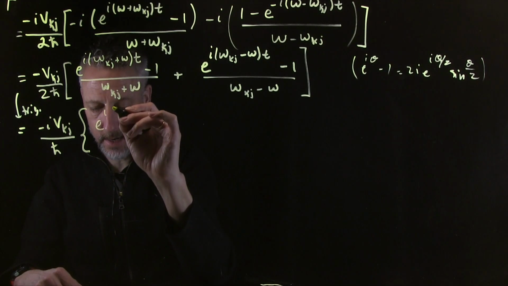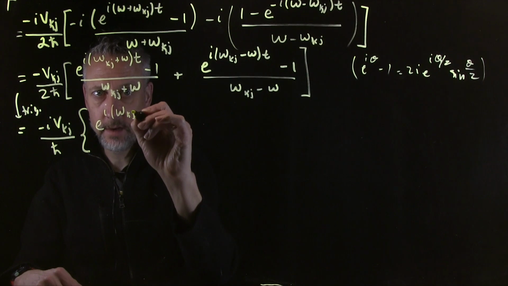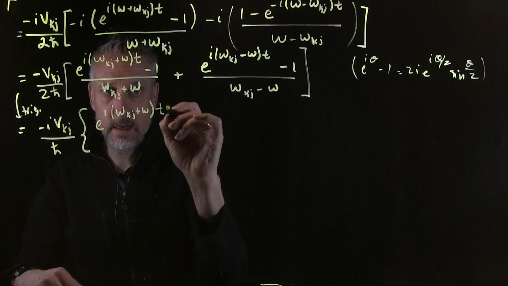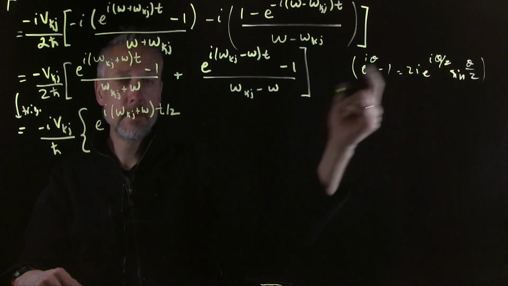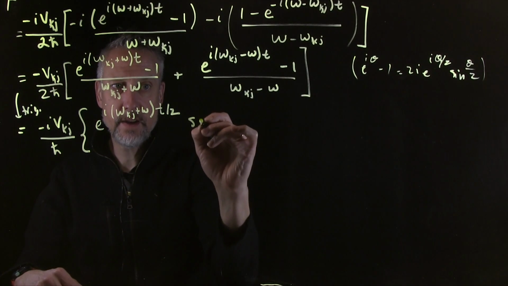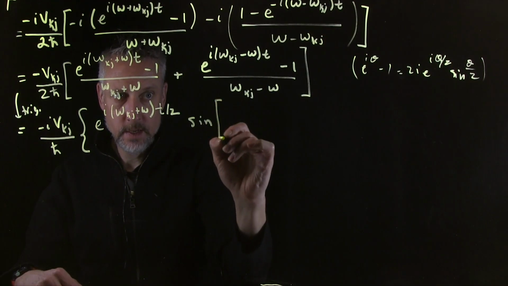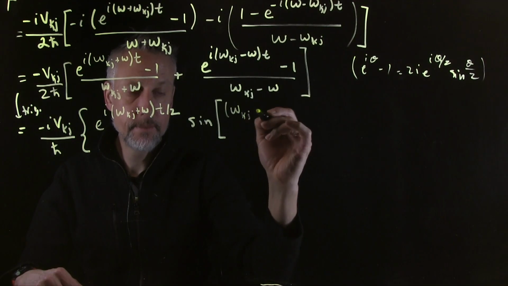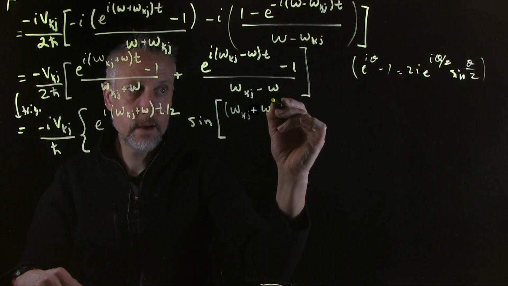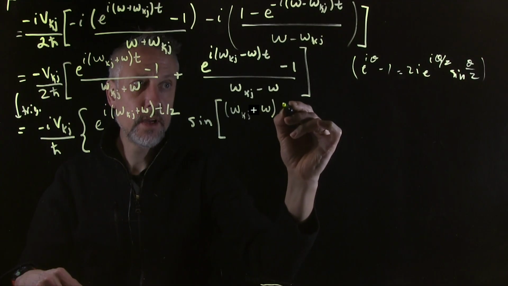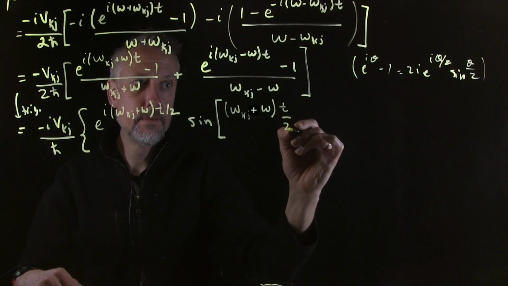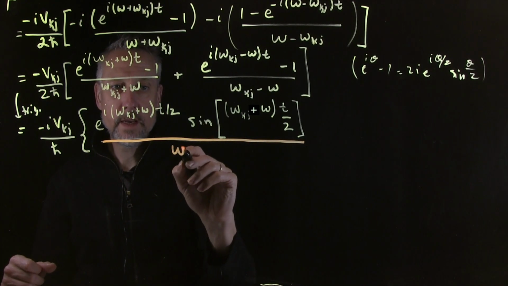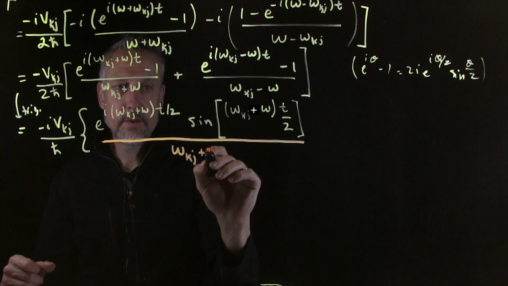So e to the i (omega_kj plus omega) t over 2 times the sine, and the sine bit is going to have (omega_kj minus omega) t over 2, divided by the same thing, omega_kj plus omega.